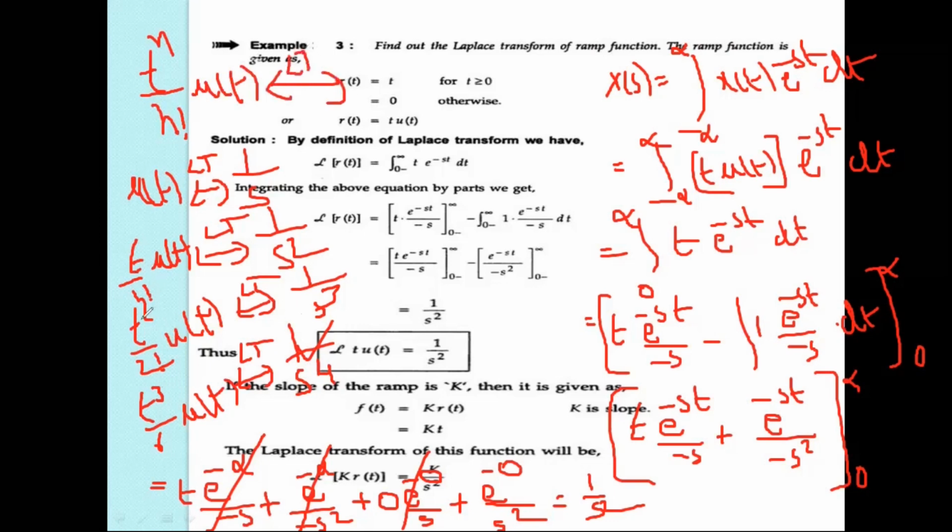The t into 1 factorial, t square by 2 factorial, and 3 factorial, and so on, 1 by s square, s power n plus 1. So here the n value is 3, we can take the 3 plus 1. So t power n by n factorial mu of t, the Laplace transformation is 1 by s power n plus 1.